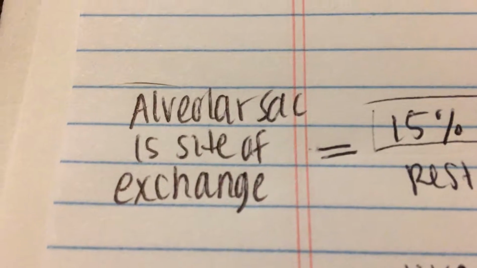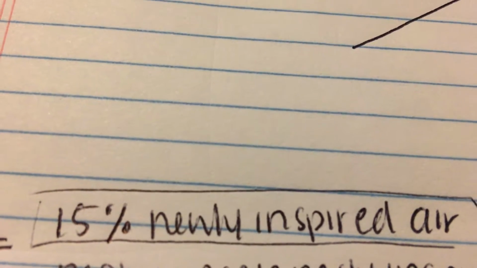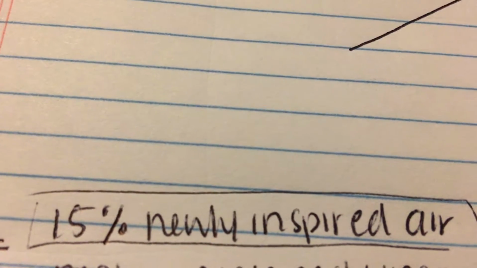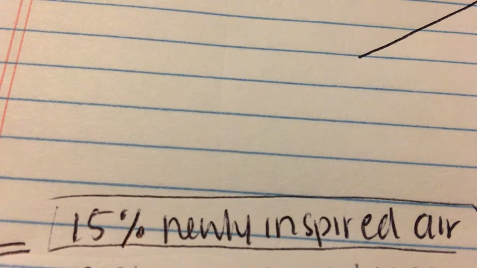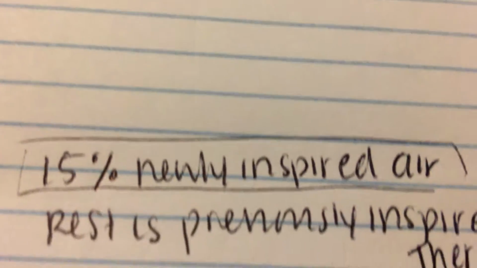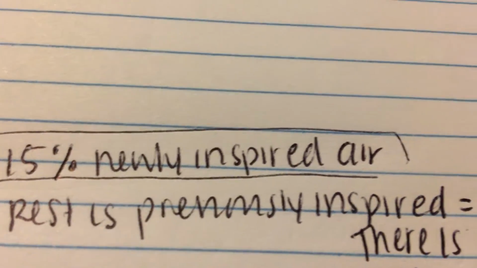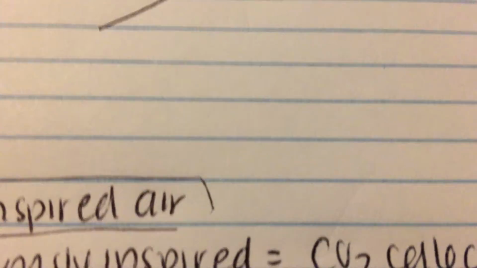So in the alveolar sac, only 15% of the actual air in there is newly inspired air with new O2 and all of that. The rest is previously inspired air, so it has a bunch of CO2 collecting in there.